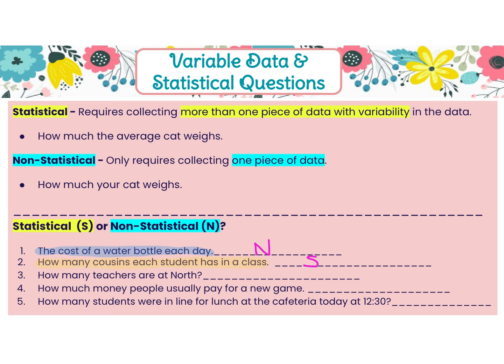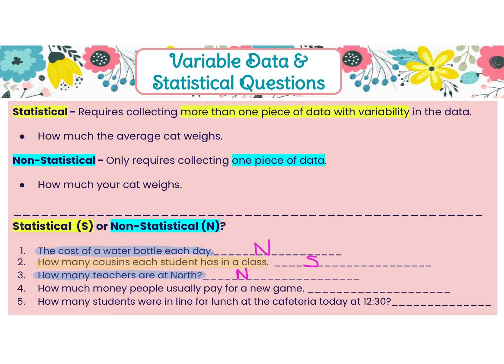The third question says how many teachers are at North. This would be non-statistical because we only have to collect one piece of data to figure out the answer. The fourth question says how much money people usually pay for a new game.